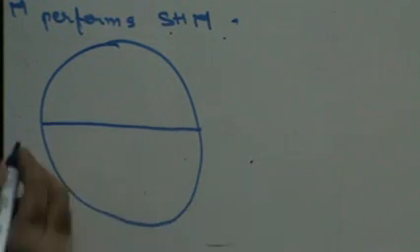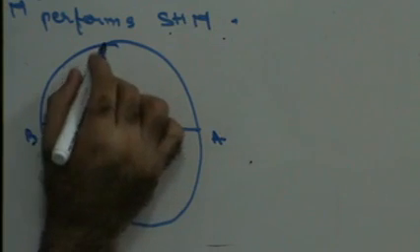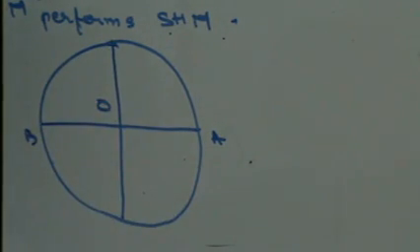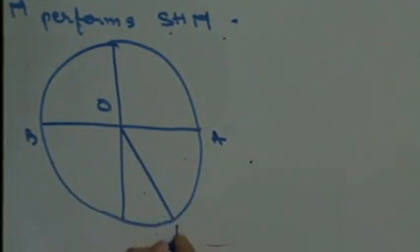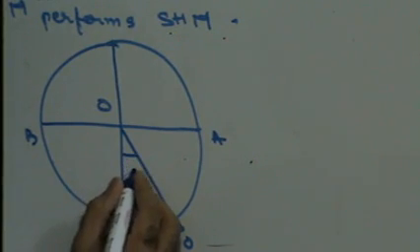This is your diameter AB, center O, so we draw another diameter here. Right? Now let us consider that initially the particle is at position P0. Right? And it is covering an angle of alpha with the vertical.